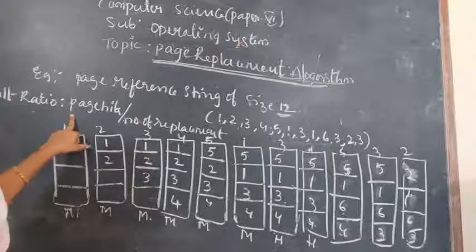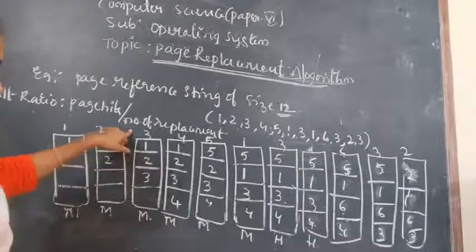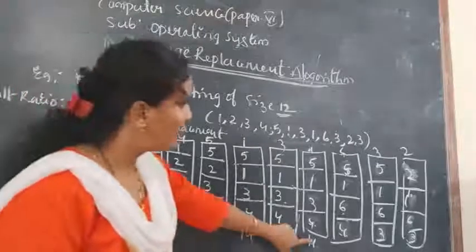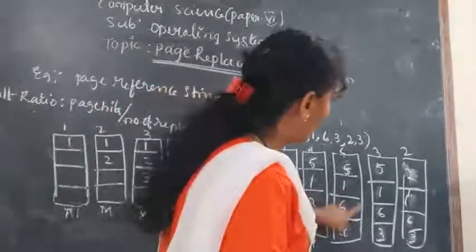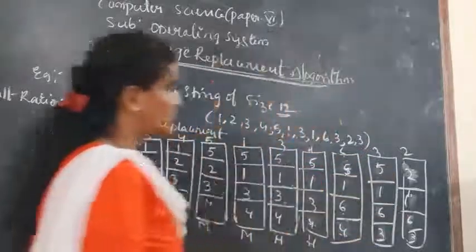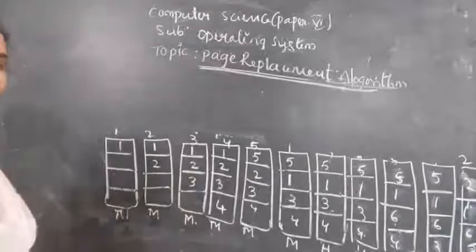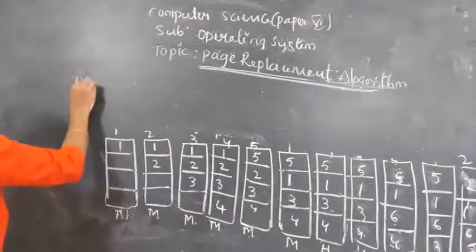Page fault ratio equals page hits by number of replacement. How many page hits do you have here? 1, 2, 2, next 3 you have. Okay, now you calculate the page fault ratio.